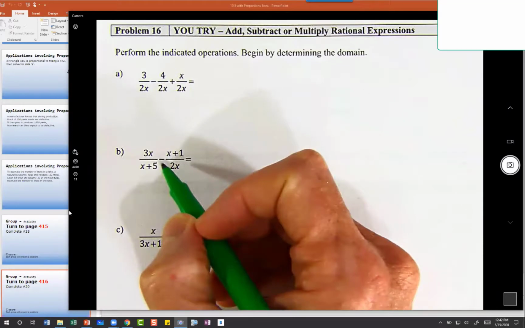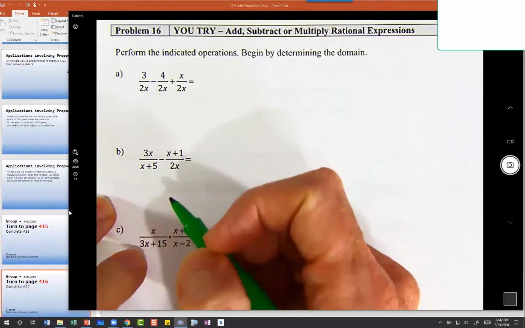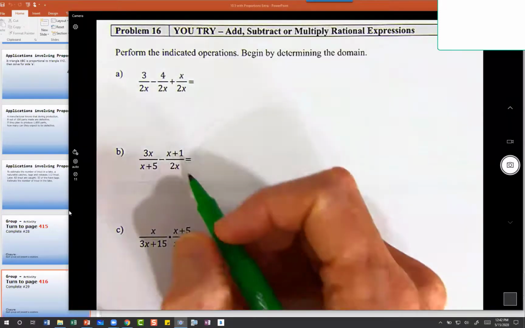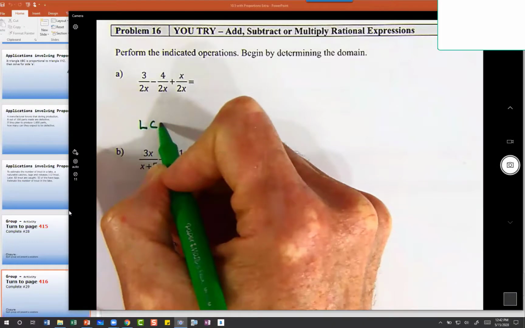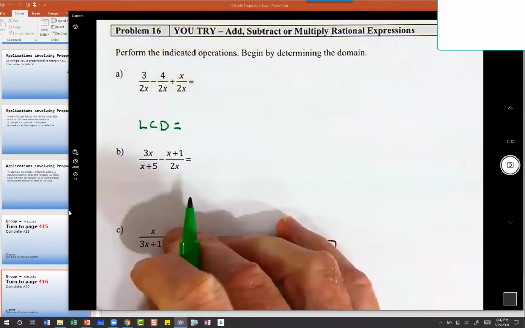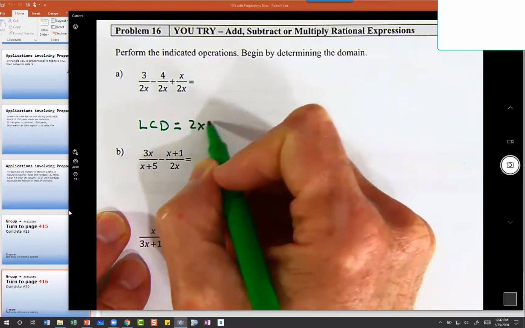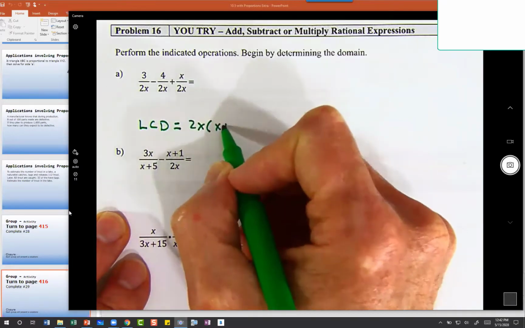So in order to subtract, what's necessary to subtract fractions? The denominator. Yep. So we've got to figure out what is a common denominator for these two fractions. 2x parentheses x plus 5 close parentheses. Yep.